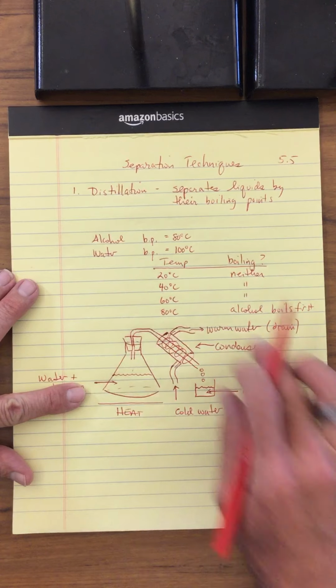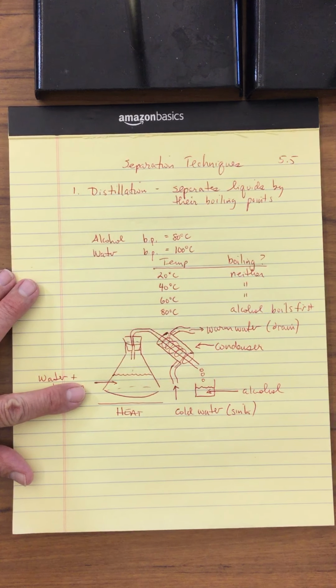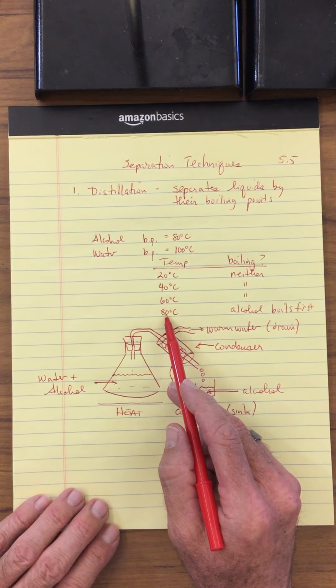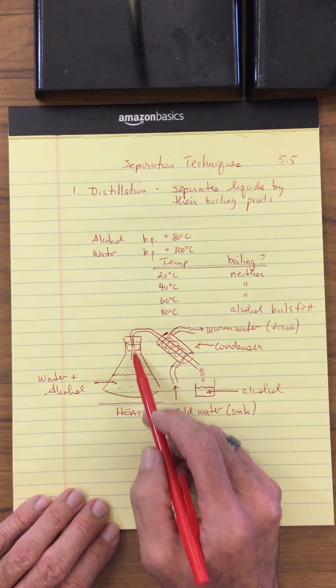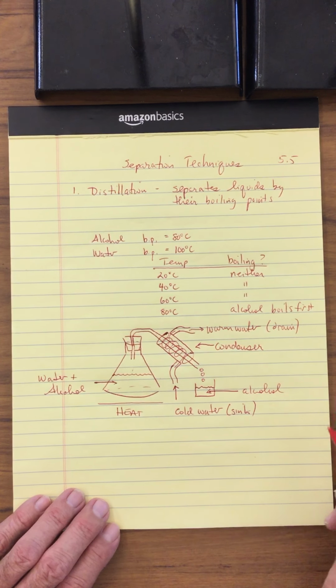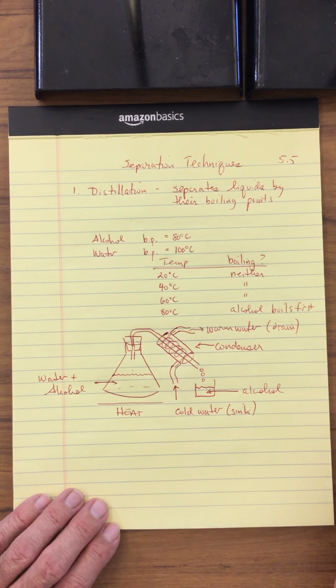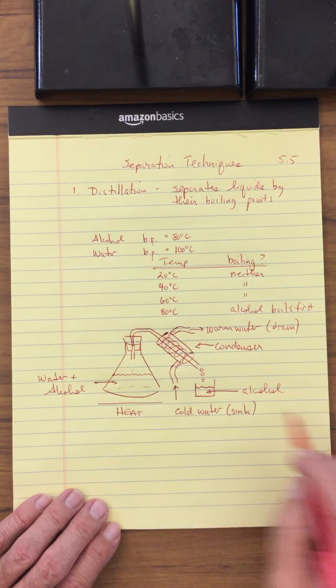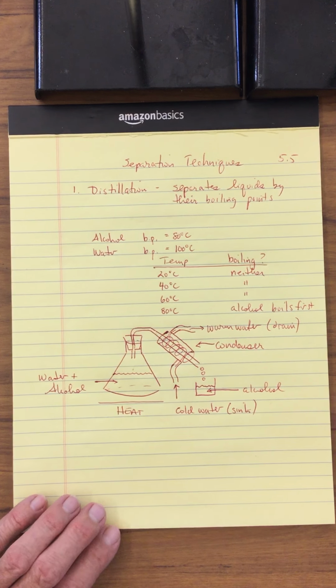So this is called a distillation apparatus by using a condenser, and it separates the liquids by their boiling points. We reach the boiling point of the alcohol first, and the vapors go up the tube, hits the condenser. The cool water causes the gas to condense back to a liquid, and then your liquid will drip down and you can collect it in some type of container.